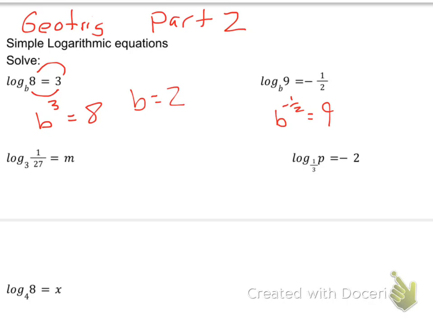But the problem is that this is negative, and a negative on a number brings it from the top to the bottom or the bottom to the top. So 81 would not be on the top because of that negative, it would have to be on the bottom. So that means that b is equal to 1 over 81.